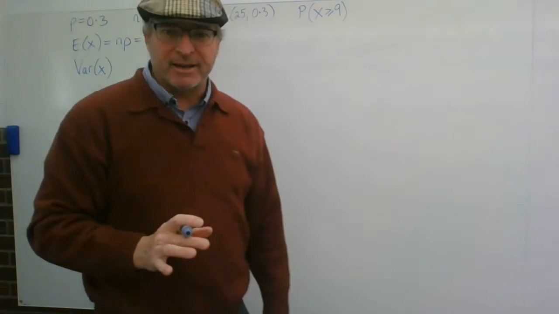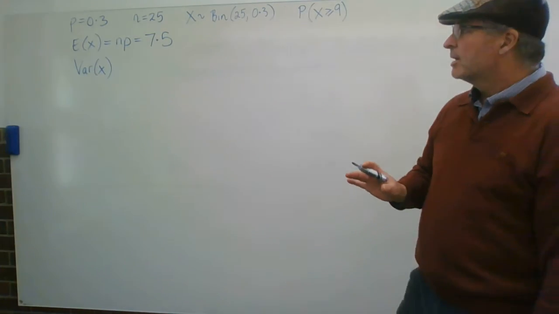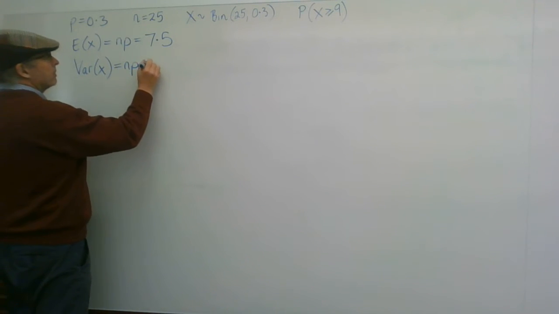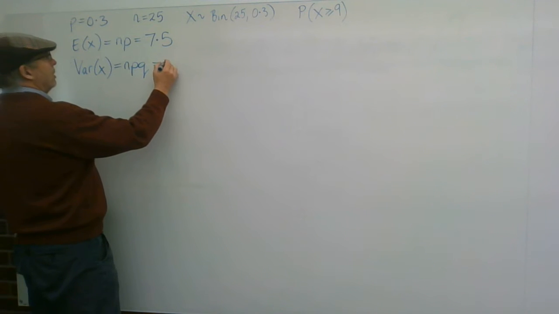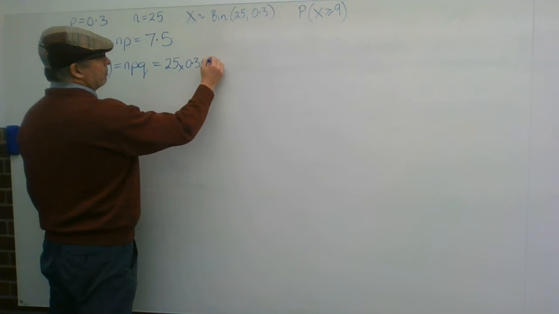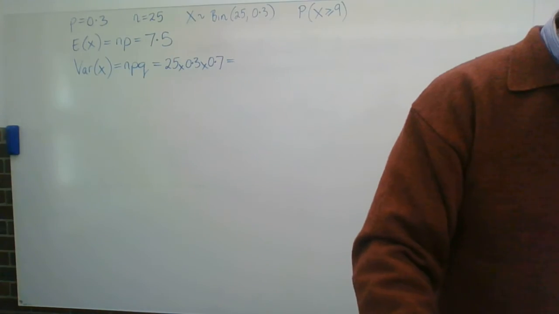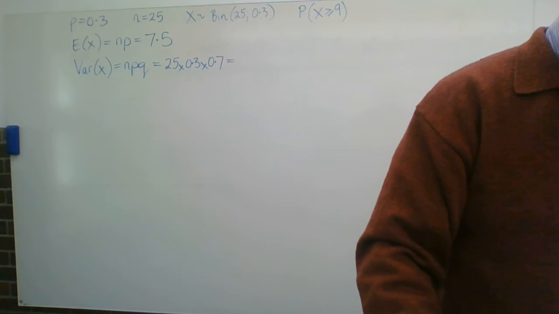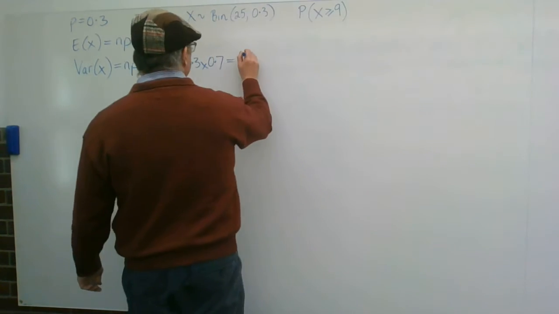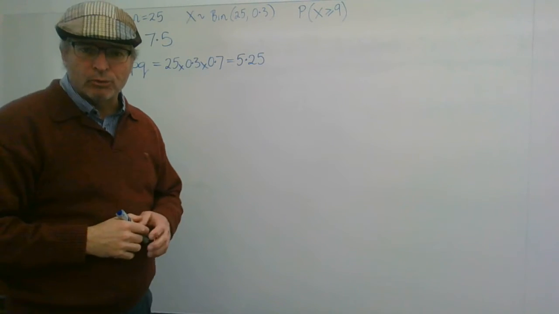Well, I'd like the standard deviation if I'm working in the normal distribution, but I'm going to work out the variance. And we know the variance is npq. So what is 25 times 0.3 times 0.7? 25 times 0.3 times 0.7 is 5.25. So our variance is 5.25.